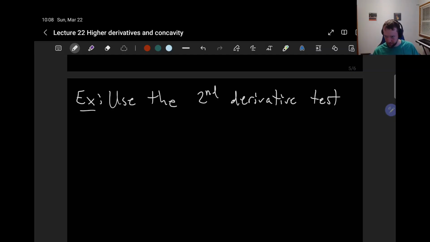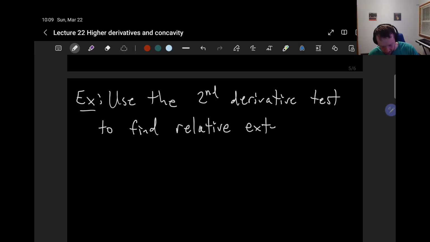First derivative test uses the first derivative, second derivative test uses the second derivative, f double prime. Use the second derivative test to find relative extrema. Again, that's just talking about local maximum, local minimum.